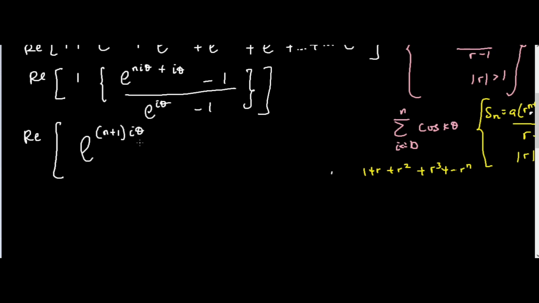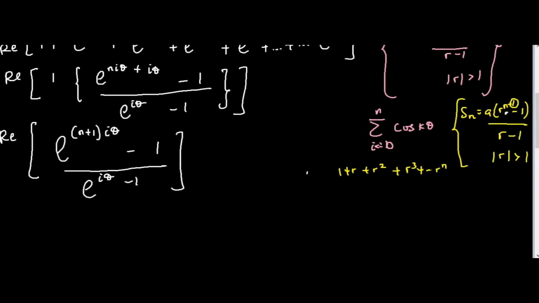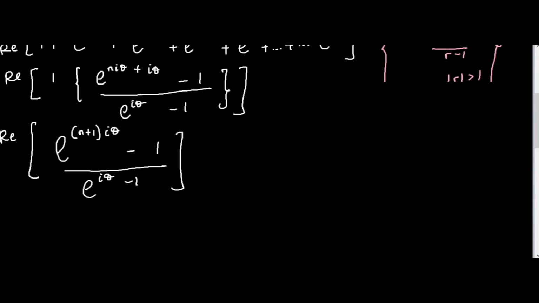So if I should bring it together, like just factorize it, I'll have that over e raised to power I theta minus 1. So this is what we have now, and this is what we want to work with. Okay, this is what we want to work with. And to work with this, let me introduce a particular structure. It's still mathematical based. Right, let me just clear this off so that we can have enough space.